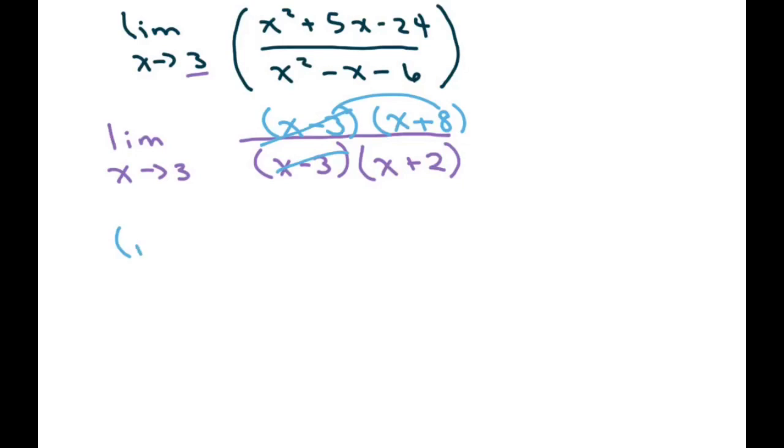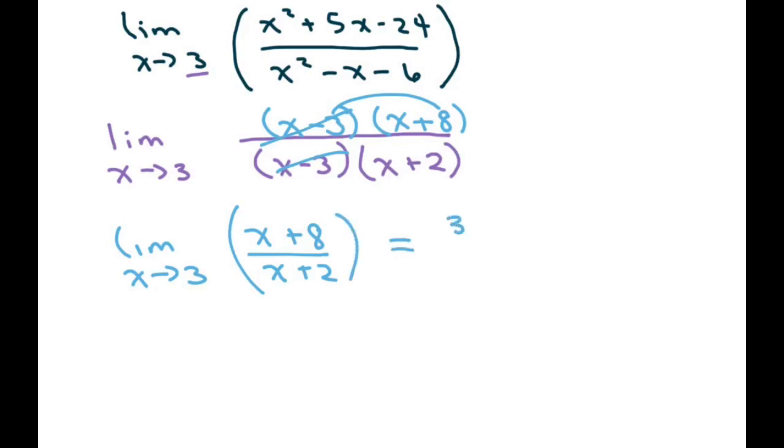So you get the limit as x approaches 3 of x plus 8 over x plus 2. Now you use substitution, and you get 3 plus 8 over 3 plus 2, and that's going to give you 11 over 5.